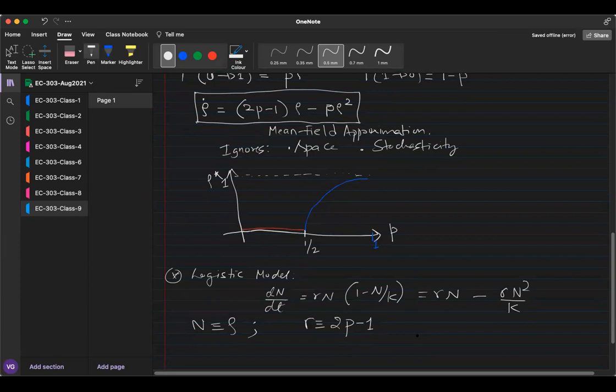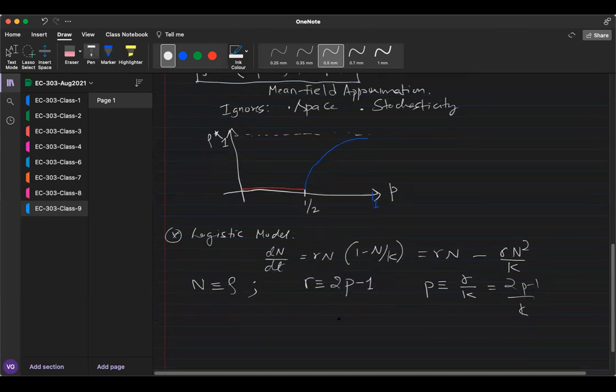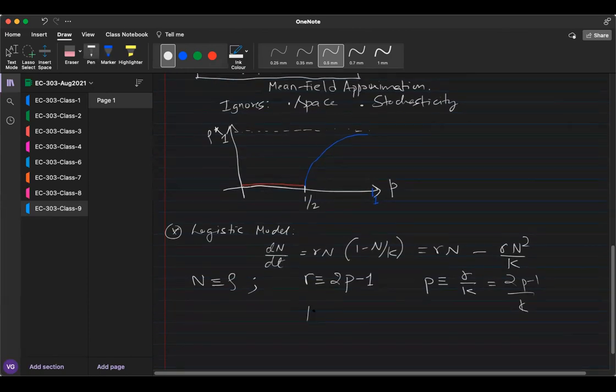And what is K? The coefficient of the quadratic term is p here, and it is R by K. That means p must be equal to R by K, and we already know R in terms of p, so R is 2p minus 1. That tells us that K is equal to (2p minus 1) by p.